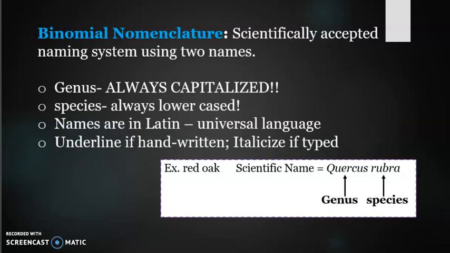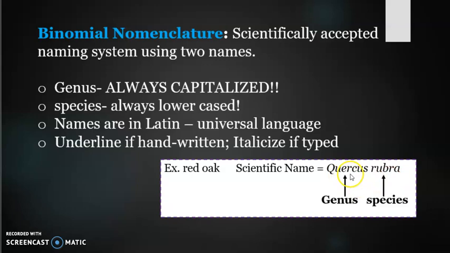So as I mentioned, binomial nomenclature is a scientifically accepted system of giving all living things a two-part name. And there are rules for how you do this. If you look at the example here, a red oak, a type of tree, is called Quercus rubra.